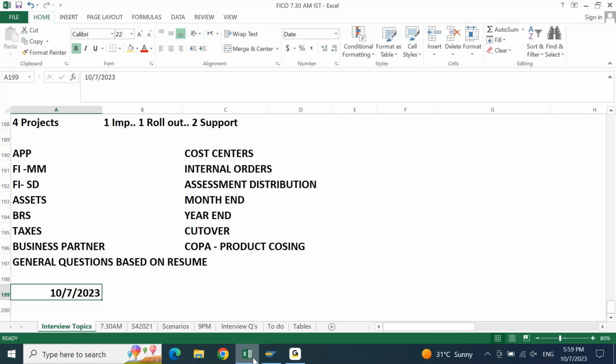So these confusions you have to eliminate, because this is where people will try to create confusion in your interview. Cost element is VAX or VAY.